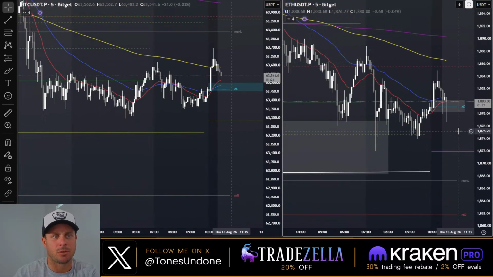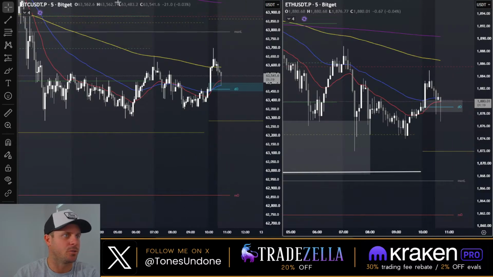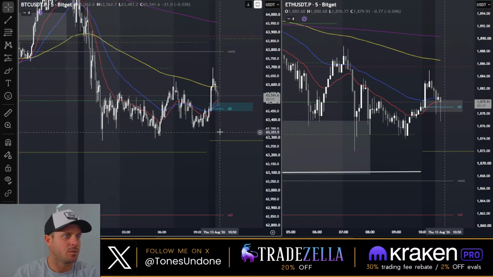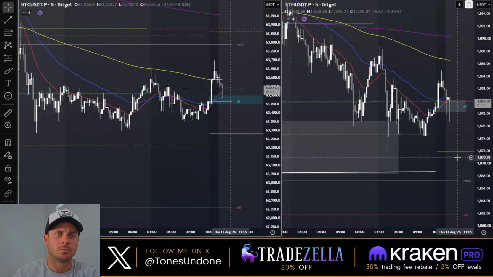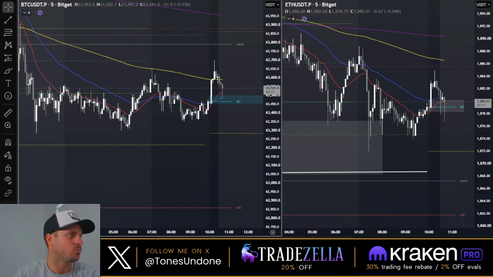Yeah, real bad price action on the lower time frame. Might get stuck in that range for a bit longer.